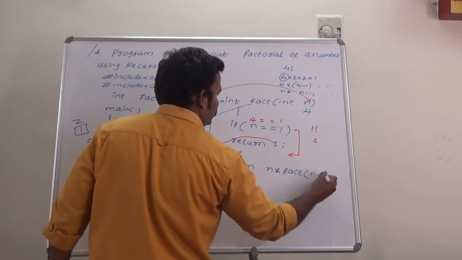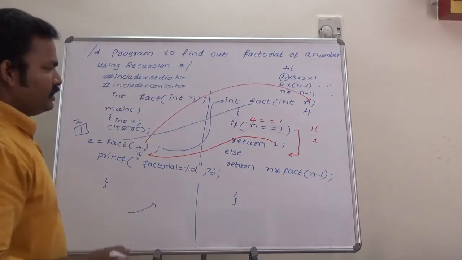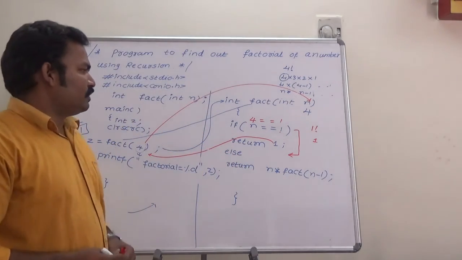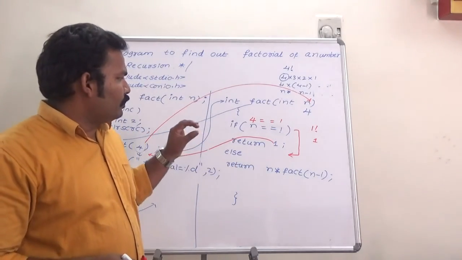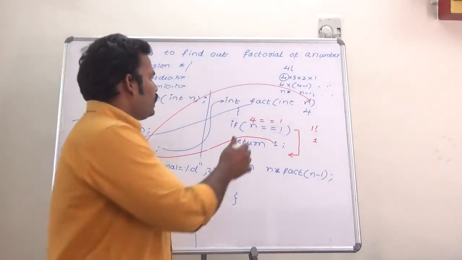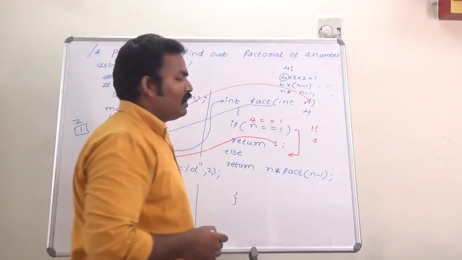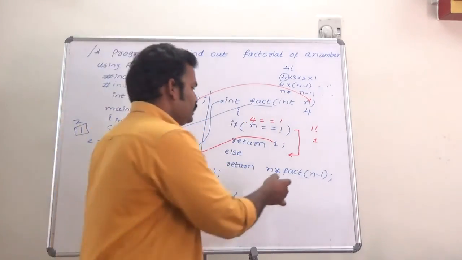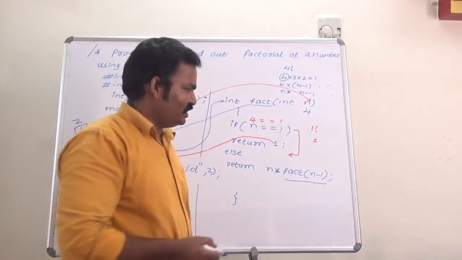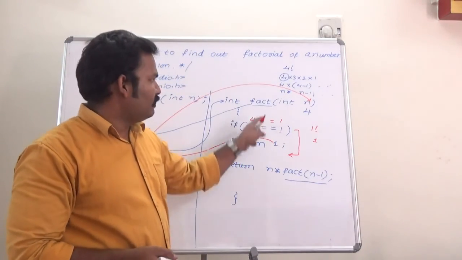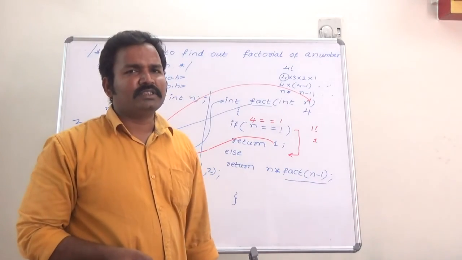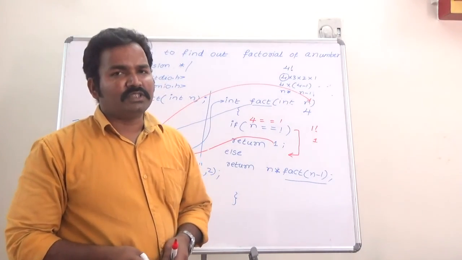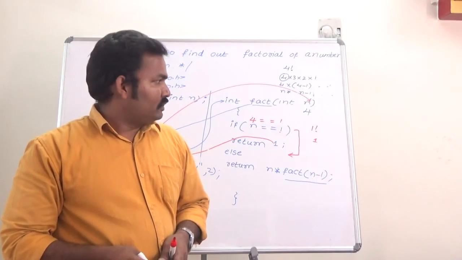Here I am writing fact of n minus 1 inside the fact function. Clear? This is called recursion. We are calling the fact function within the same function, so this is also a calling function. That is called a recursive function. Okay, thank you.